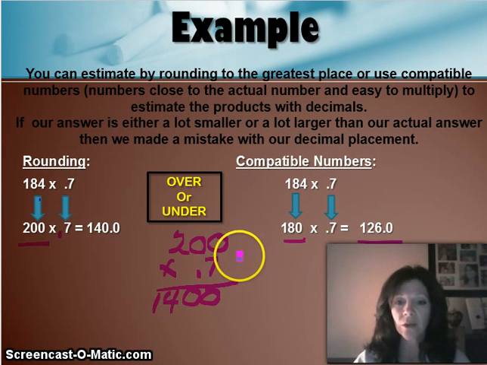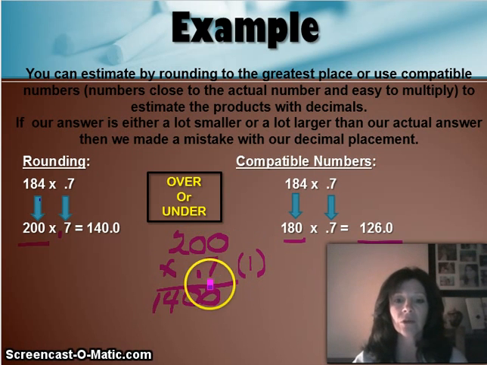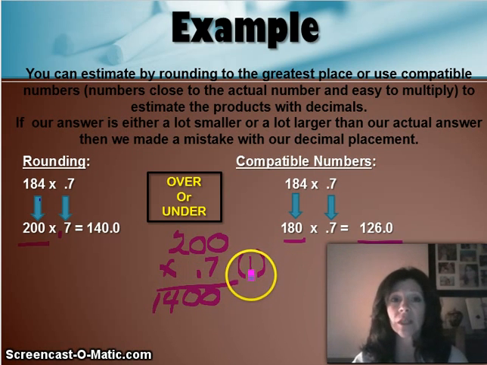Always look in your regular problem, and to the side I'm going to put a 1, because there is one number to the right of the decimal point. There are no decimal points in 200, so I'm not going to count those. But in 0.7, there is one number to the right of the decimal. So over here, I'm going to put a 1 in parentheses. It's just going to help me remember that.